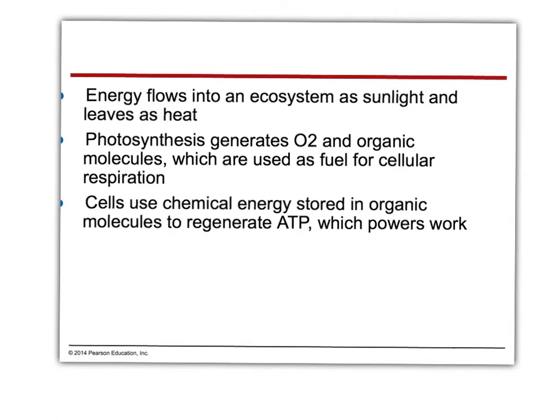Okay? And then for chapter 7, we're going to talk about how a cell produces energy. And by producing energy, I'm talking about producing what? Specifically ATP. All right? Energy flows through a system.